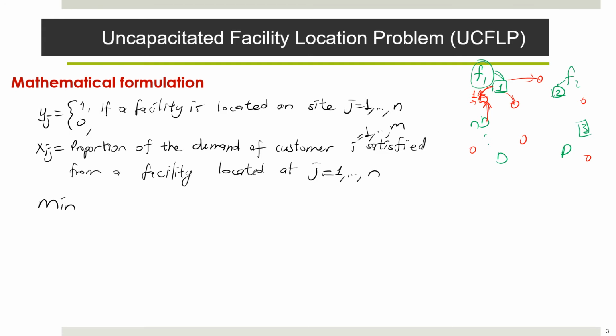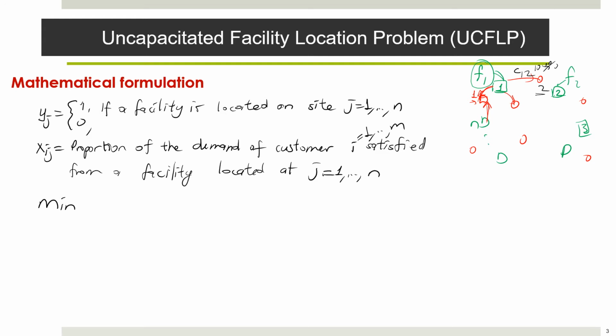And there is the cost of satisfying a customer from a potential site, and it is given as Cij. For example, let's say that this is customer 2, and this C12 is the cost to satisfy 100% of the demand of customer 2 from facility 1.